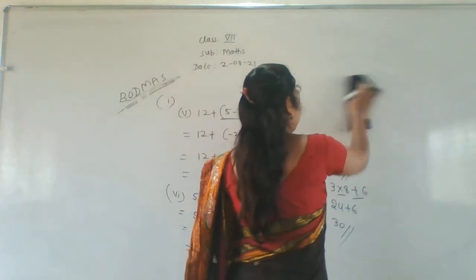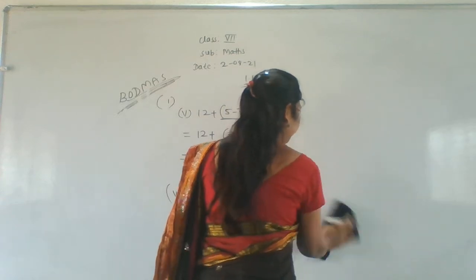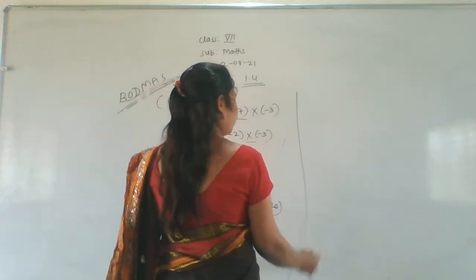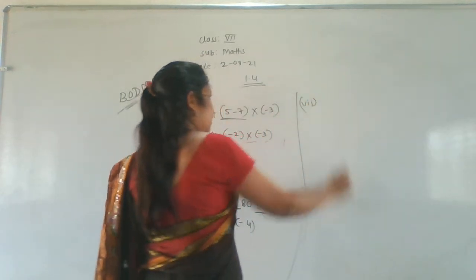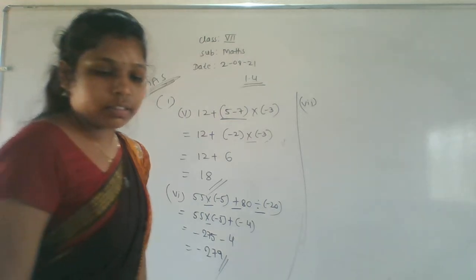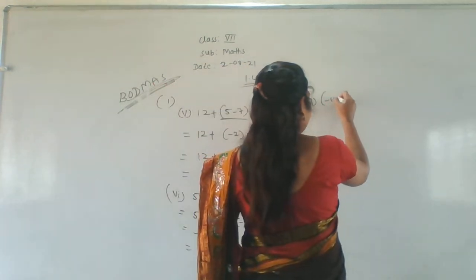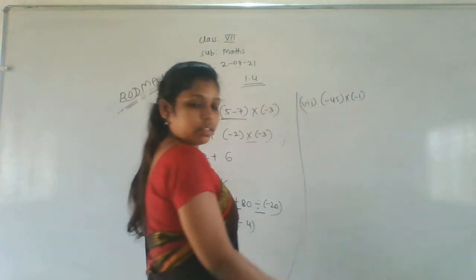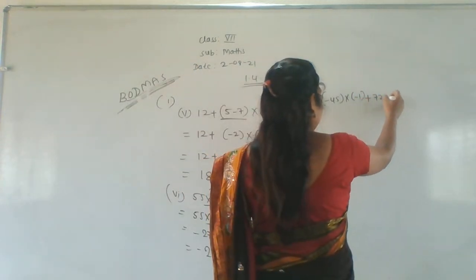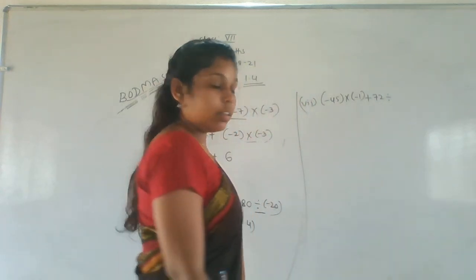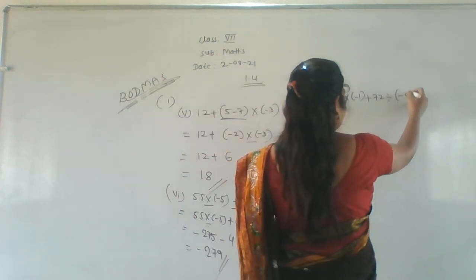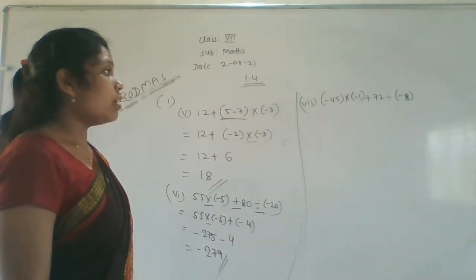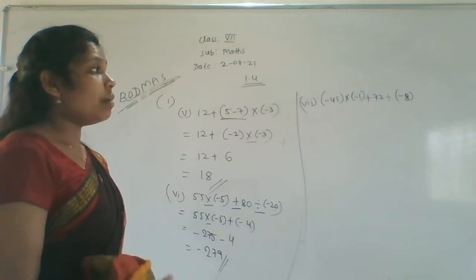Go for the 7th one. Seventh one. Minus 45 into minus 1 plus 72 divided with the minus 8.